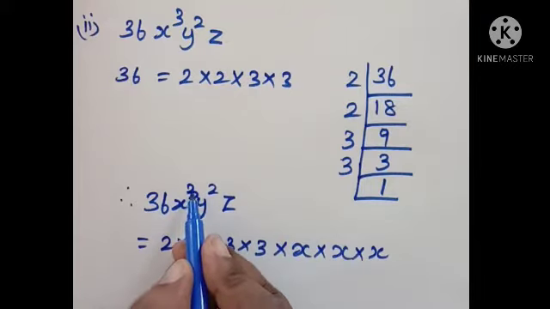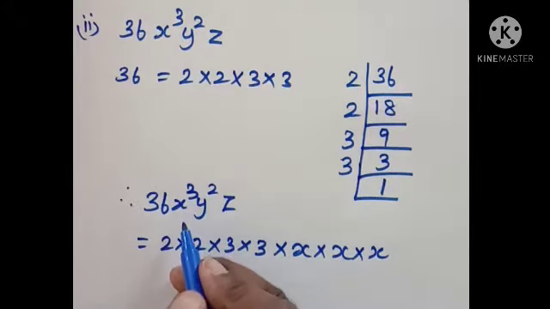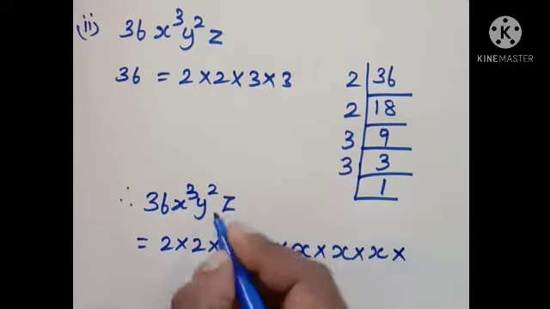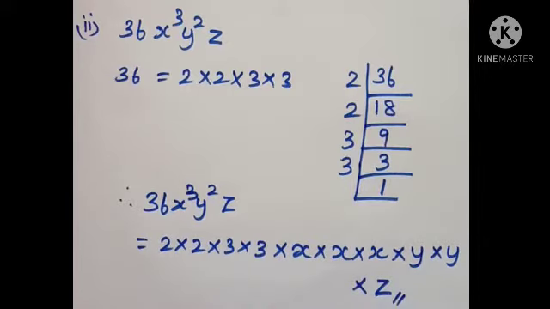X cube, the exponent, means x multiplied 3 times. And what about y square? The variable y is multiplied by itself 2 times, and into z. So this is the expression.